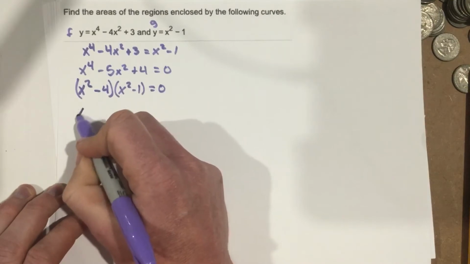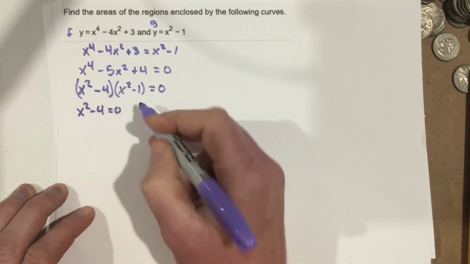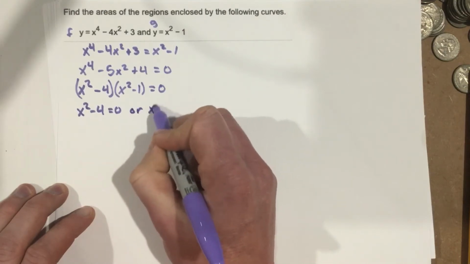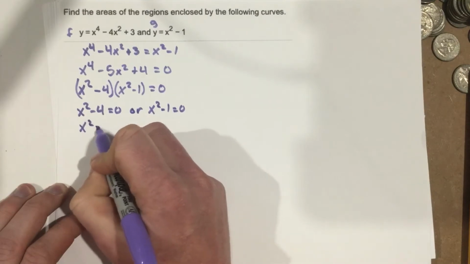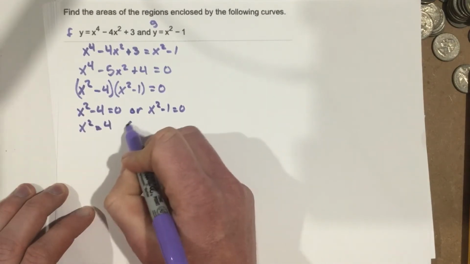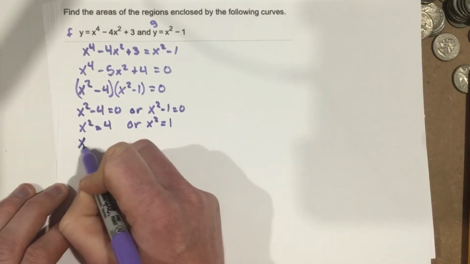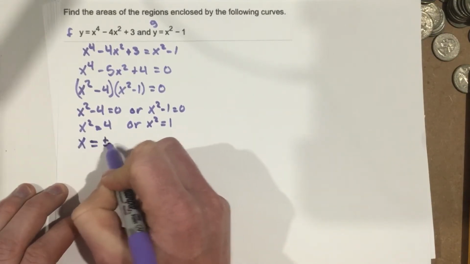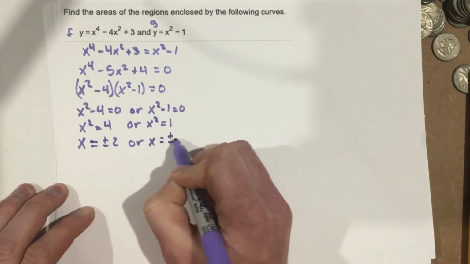Now we're going to set x squared minus 4 equals 0 using the zero product property, or x squared minus 1 equals 0. So x squared equals 4, or x squared equals 1. Taking the square root, x is going to equal plus and minus 2, or x is going to equal plus and minus 1.